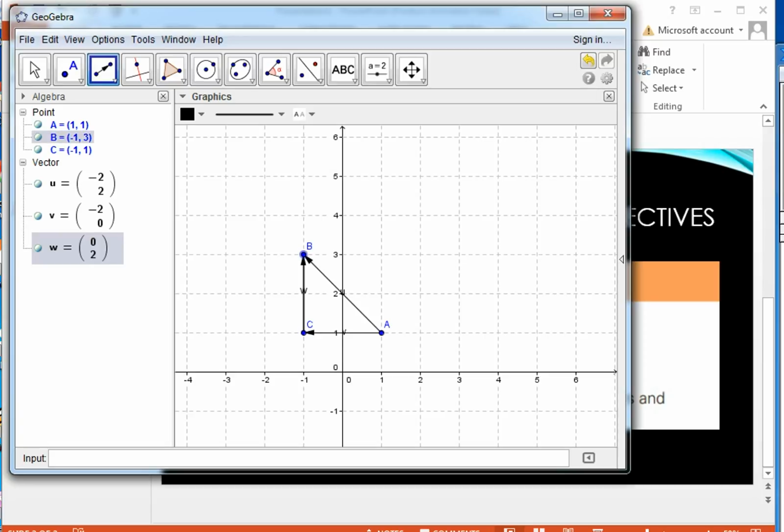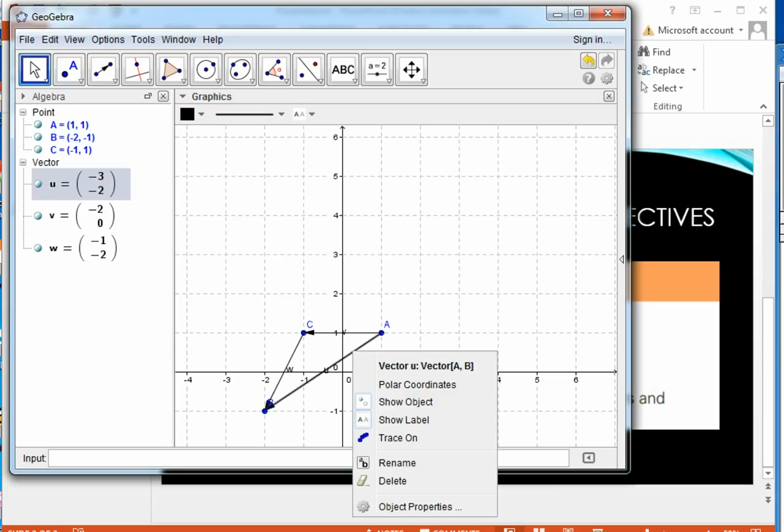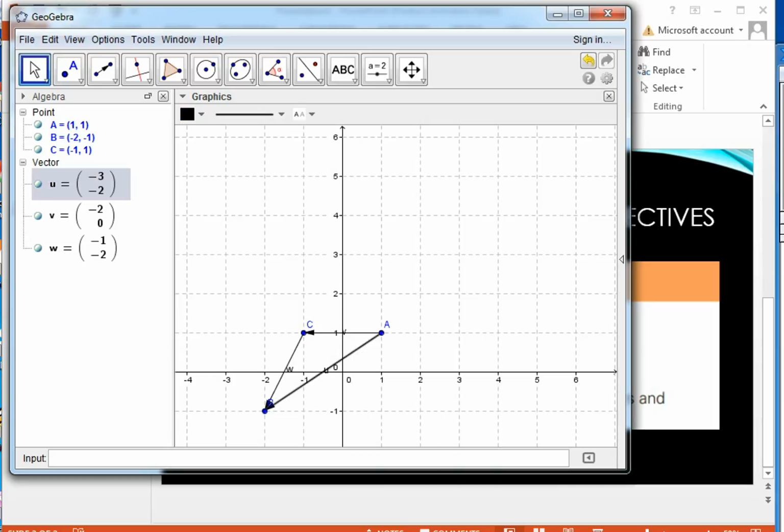Now, suppose that I move this vector here. So as you can see now, the original one, let me color this as red.